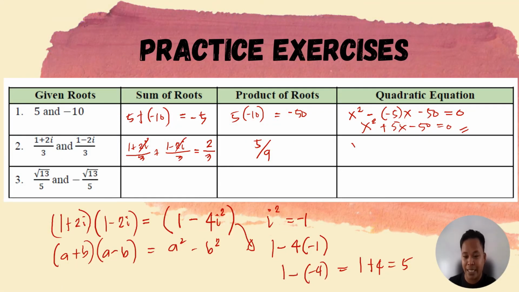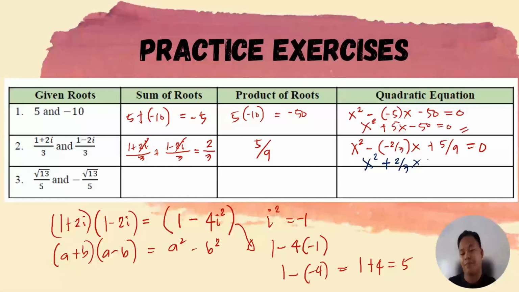Then, let us substitute x squared minus the sum, 2/3 x plus 5 over 9 is equal to 0. Then, we have now x squared plus 2/3 x plus 5 over 9 is equal to 0. We can multiply the LCD to have whole number coefficients.